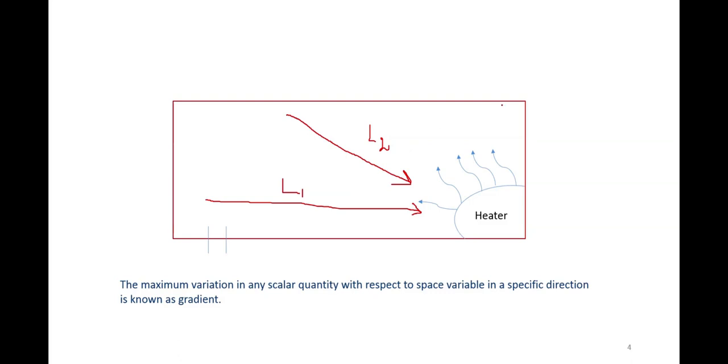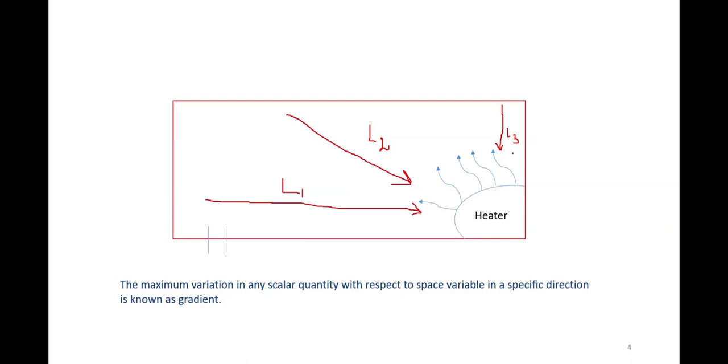Along this path, let's say L3, we will feel more and more heating effect as compared to L2 and L1. So this means that following this path we can feel maximum variation in the temperature. This effect is known as the gradient.